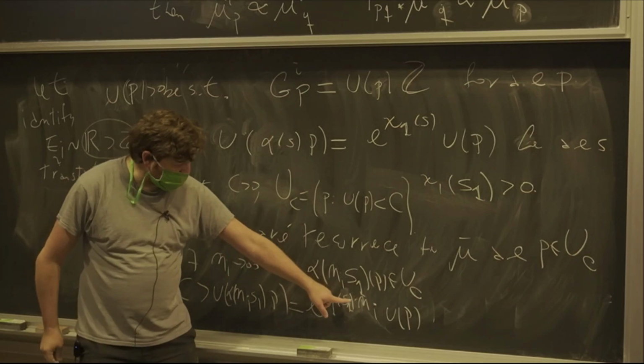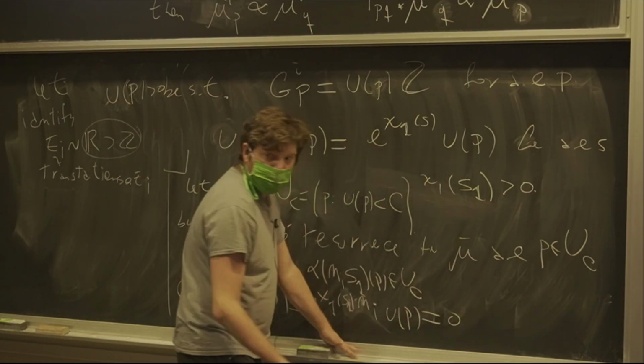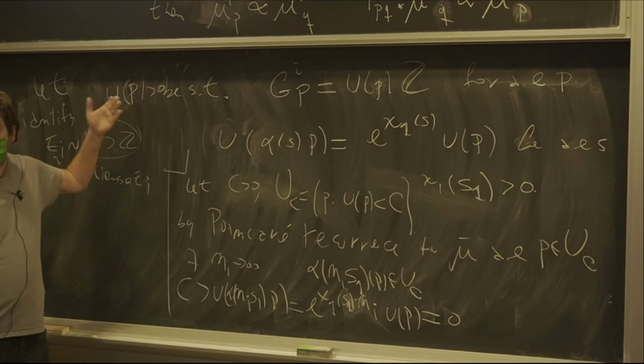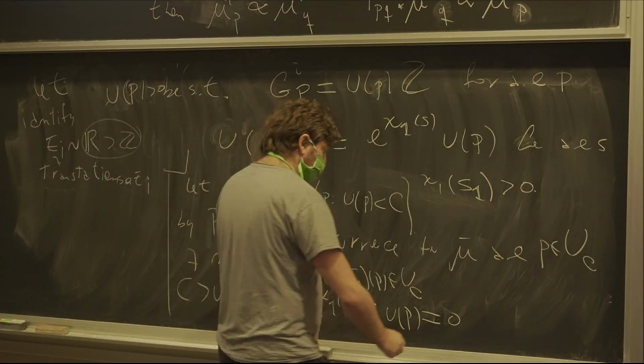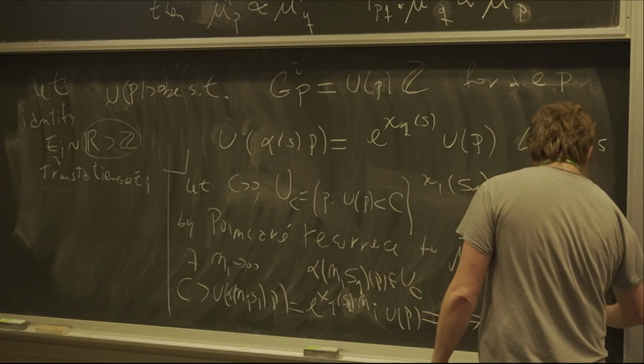And since chi 1 of S1 was positive, this has to be 0. So u of p is 0, but u of p was positive. So that's impossible, which implies that mu bar of u of z is 0.